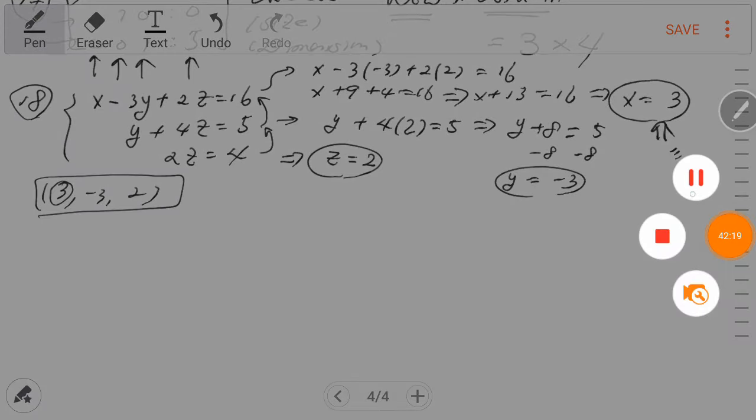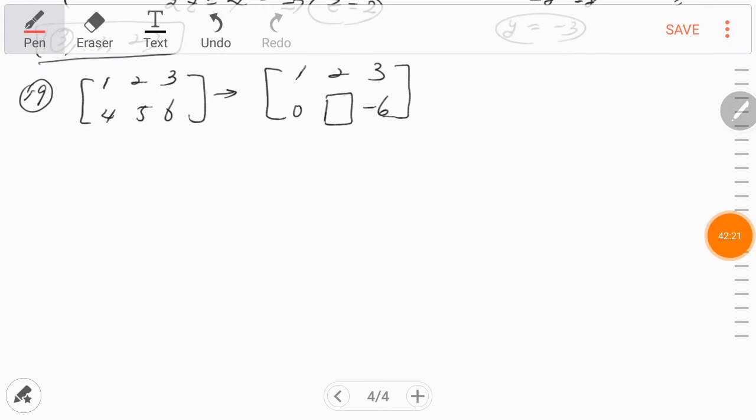Okay, for number 19, let's fill out the blank. As you can see here, the first row is unchanged, but let's compare the second row. This 4 became 0, and then 6 became negative 6. I don't know how it became like this, but let's try to find a pattern so that we know that 4 becomes 0.